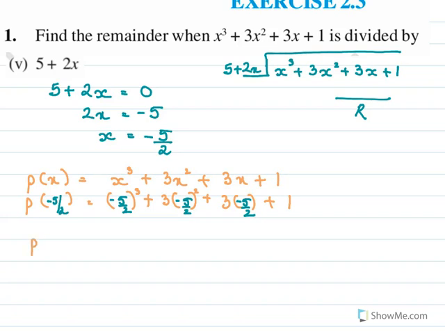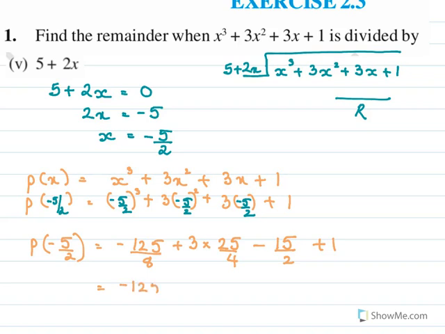So p of minus 5 by 2 will be equal to minus 125 over 8 plus 3 into 25 by 4 minus 15 by 2 plus 1.